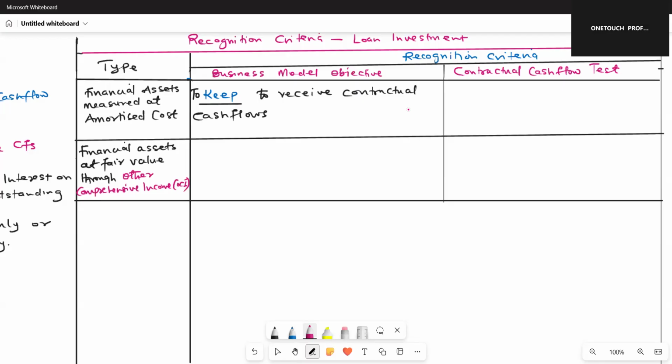So financial asset at fair value through other comprehensive income. This one, the business model objective is to keep and or sell.